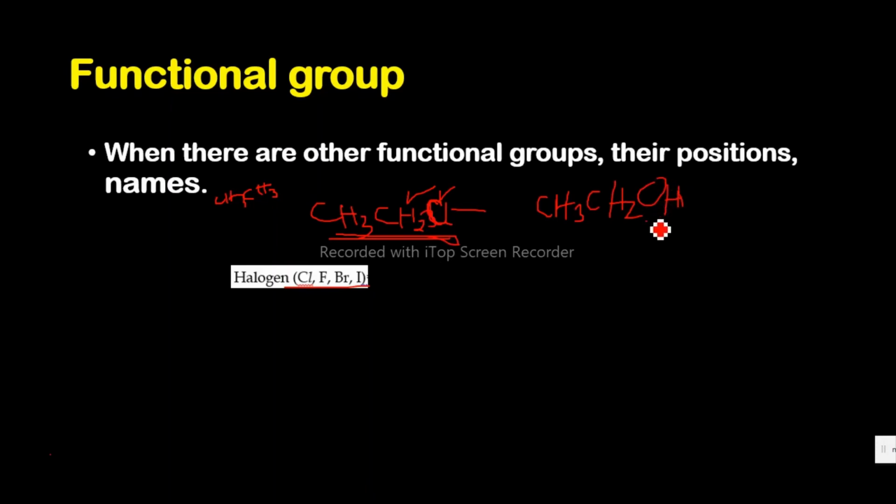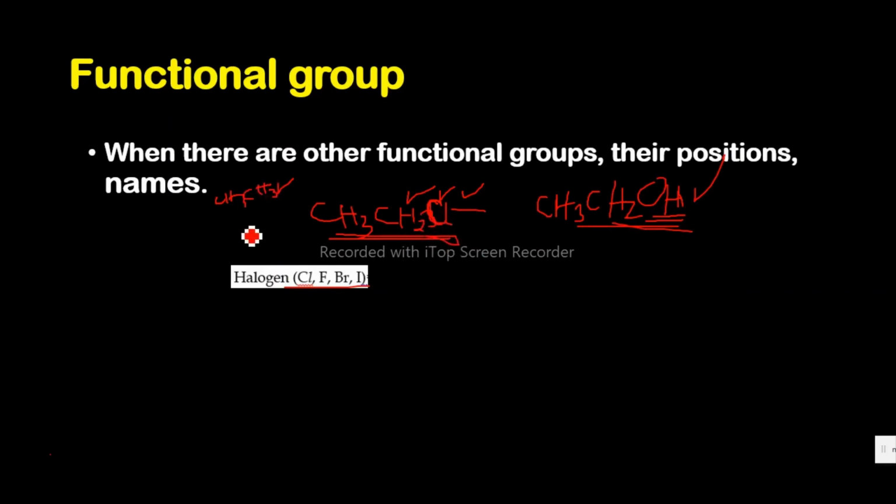Because of this OH, this one does not behave as this, and neither does it behave as this. So this atom or groups of atoms that determine the overall physical and chemical properties of an organic compound is what we call a functional group. For example, this is your ethanol, the sanitizer that you take, and this is chloroethane. We are going to see how they are named.